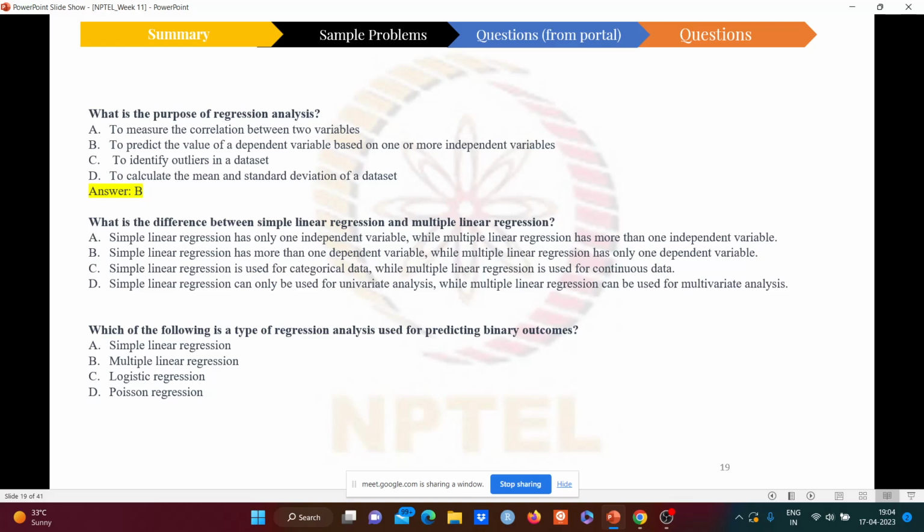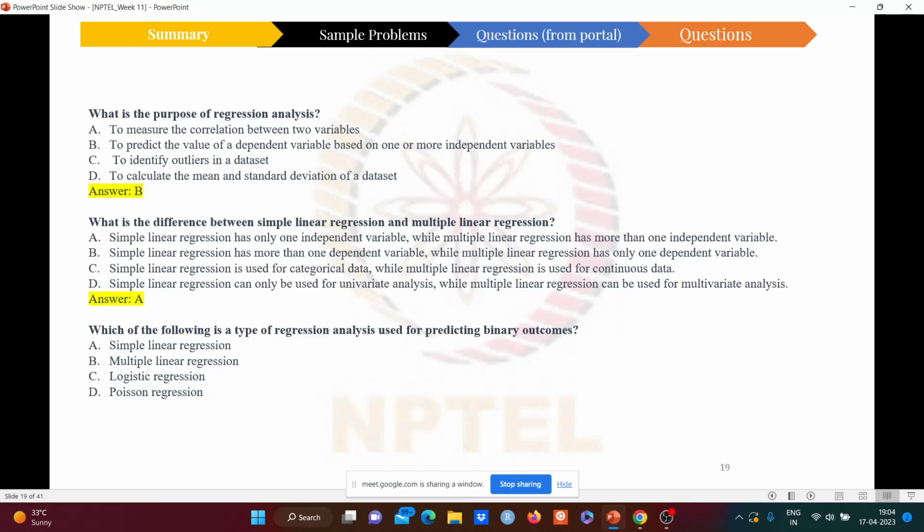As we discussed, simple linear regression has only one independent variable, where it is given as y equals f of x, whereas multiple linear regression is given as y equals f of x1, x2, x3, and so on.